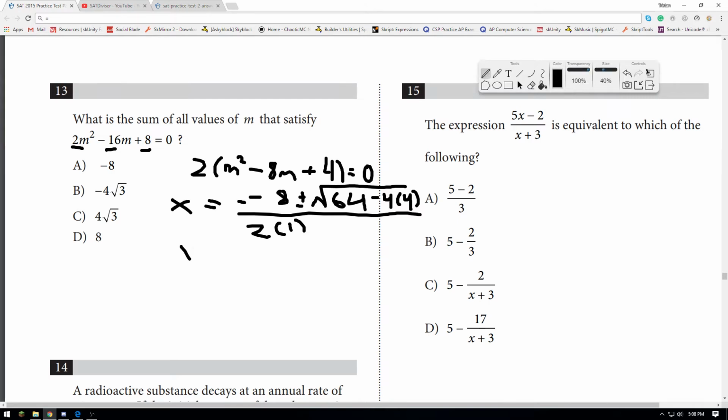So we're going to get x is equal to the opposite of negative 8, which would be positive 8, over 2, plus or minus the square root of 64 minus 16.